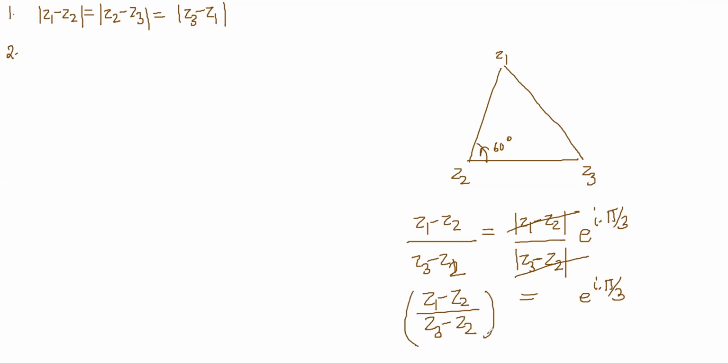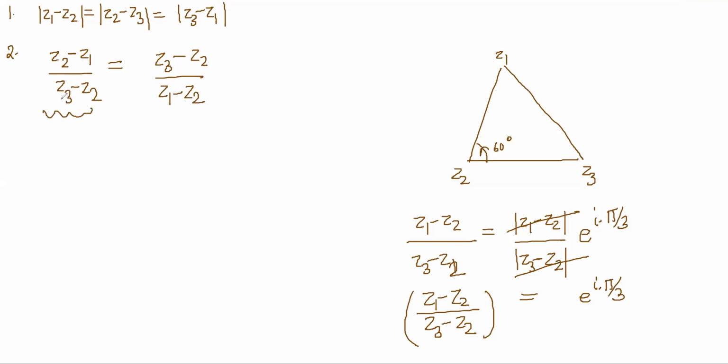Now let's do Z1 minus Z2 by Z3 minus Z2, which we have gotten. So let's do Z3 minus Z2 by, okay, obviously Z3 minus Z2 and Z2 minus Z1 are e power minus i pi by 3, no? You understand now this condition that we had written earlier, Z2 minus Z1 by Z3 minus Z2 is equal to Z3 minus Z2 by Z1 minus Z2, right?